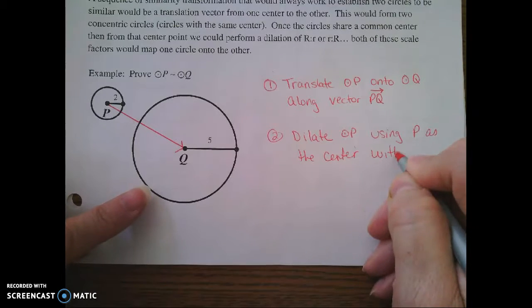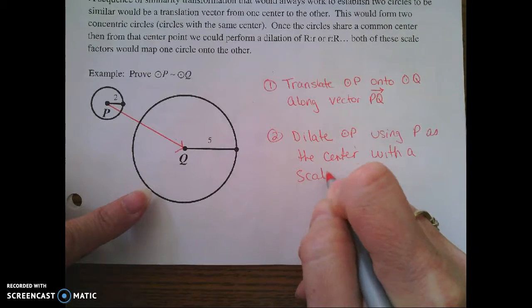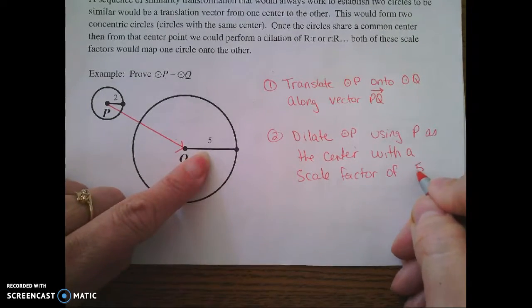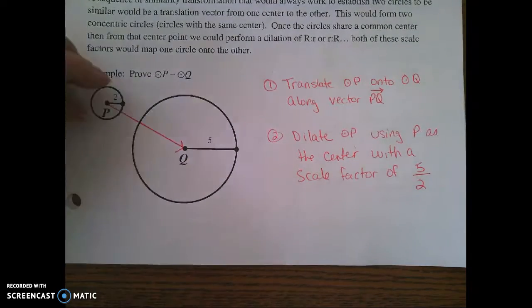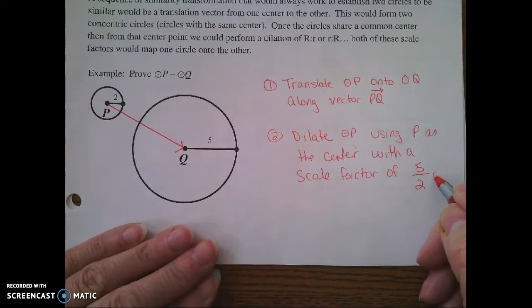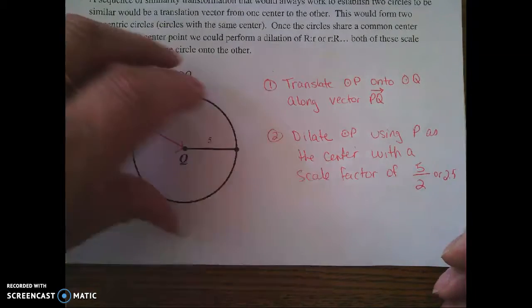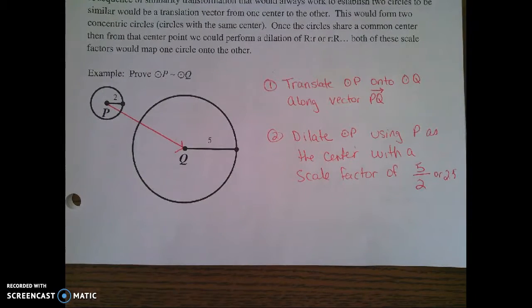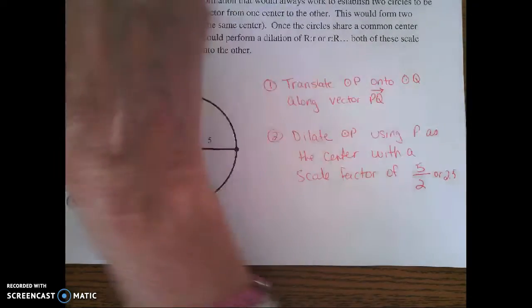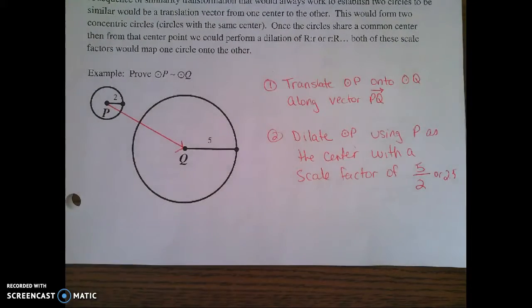And then with a scale factor of the larger radius is 5, smaller one is 2. And we moved the small one onto the big. So it's getting 2.5 times bigger, 5 halves, or 2.5. It's getting bigger, so your scale factor is greater than 1. So it's very easy to prove that all circles are similar. You would just translate and then dilate. That's it. Pretty easy.